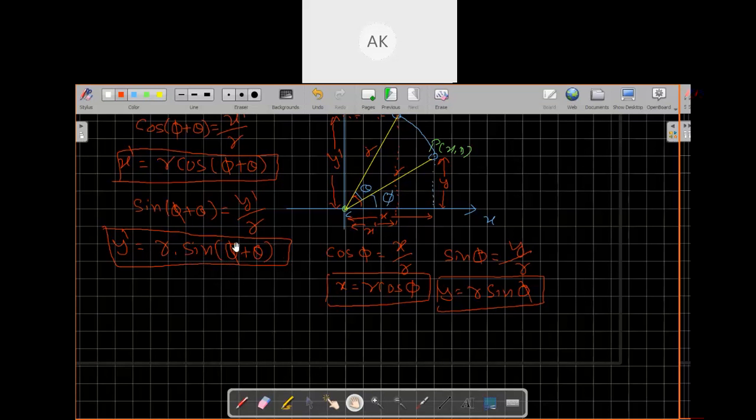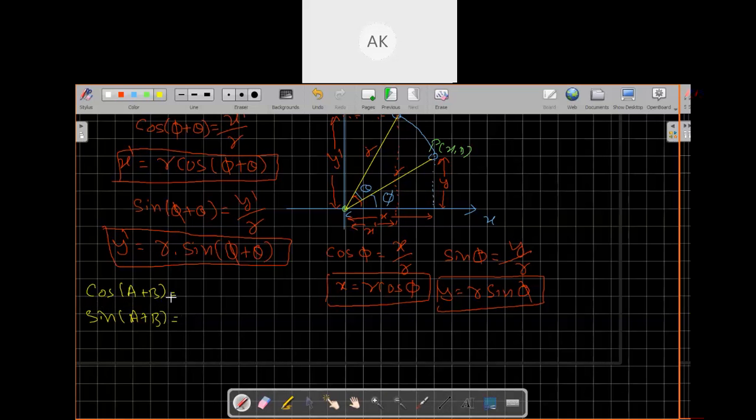Let's calculate the y dash. Sine of phi plus theta equals y dash divided by r. So you can write y dash equals r into sine of phi plus theta.